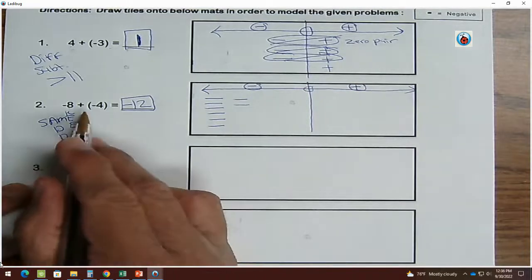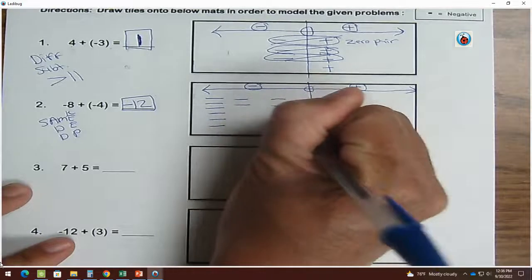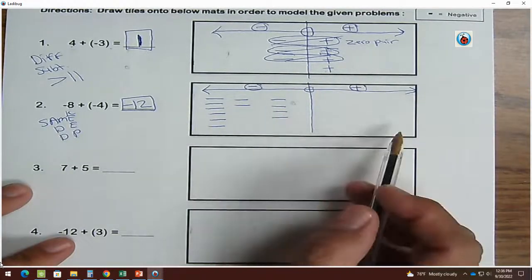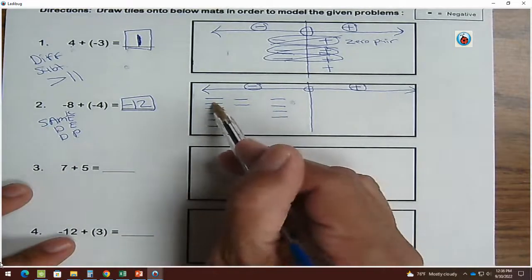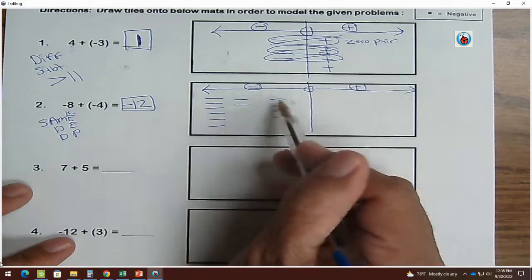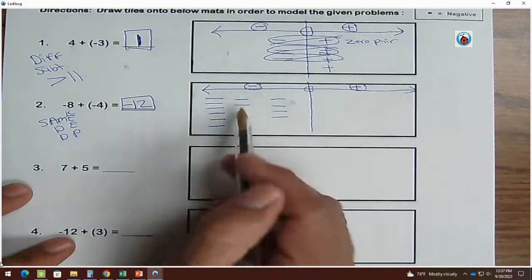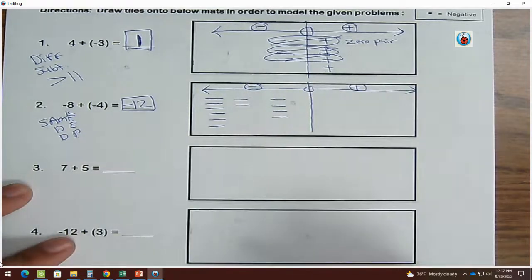And then we have another 4 that are negative. 1, 2, 3, 4. And we don't have any positives, so that's why there are not going to be any 0 pairs. That's why it's saying we add. So we're just going to add them all together. 1, 2, 3, 4, 5, 6, 7, 8, 9, 10, 11, 12. There's a 12. And they were all on the left side of 0, which are negatives. That's why the answer is negative 12.